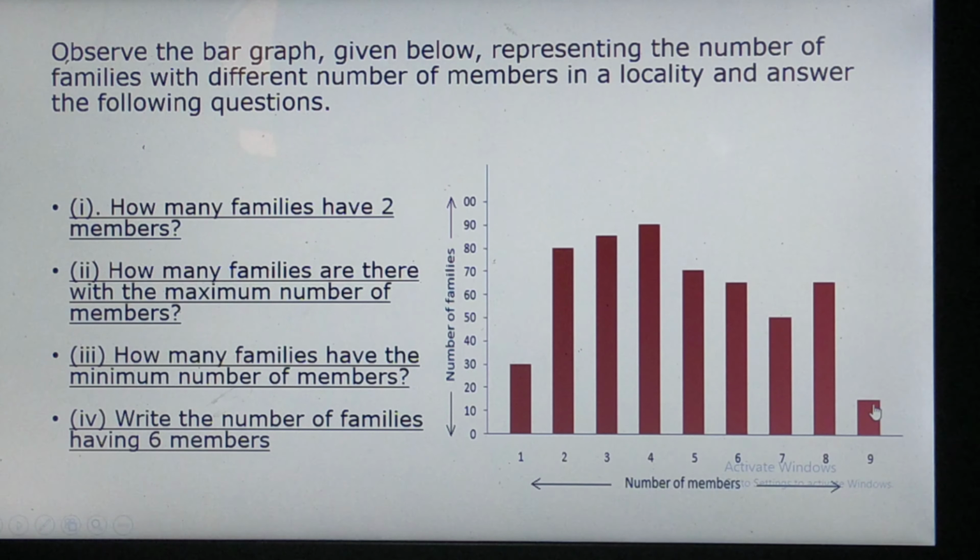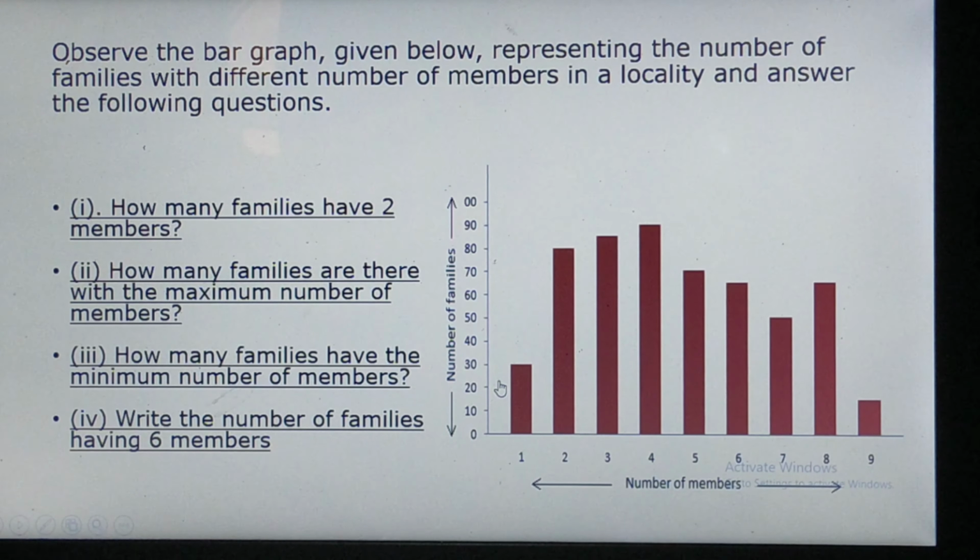So check the bar and take the value from the y-axis, which is between 10 and 20. See, when you are looking at this graph, you can make it clearer by using your ruler.